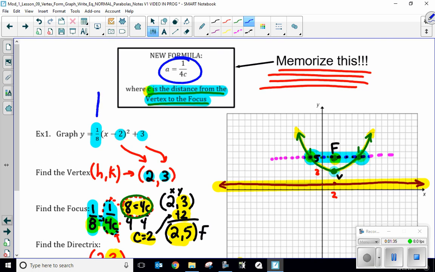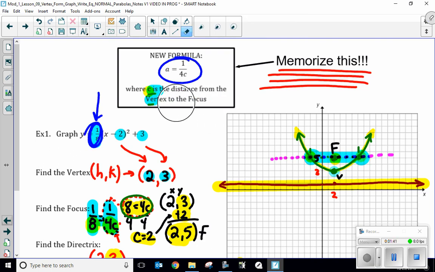And let's not forget, whatever value is here is our A value. What's critical about this is that this C right here is the distance from the vertex to the focus. Let's keep that in mind.